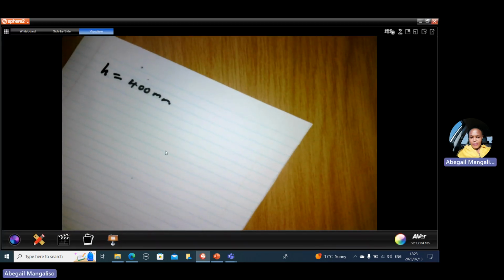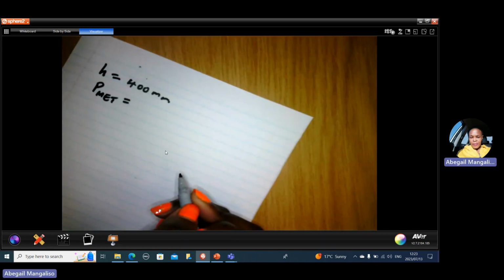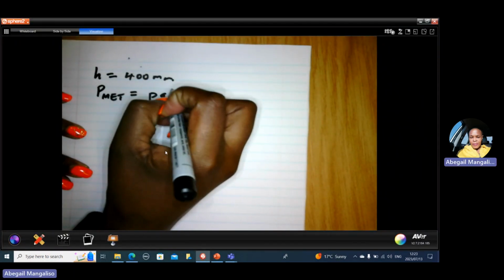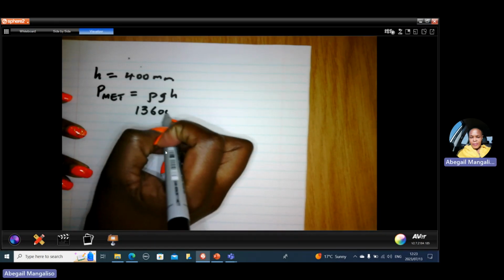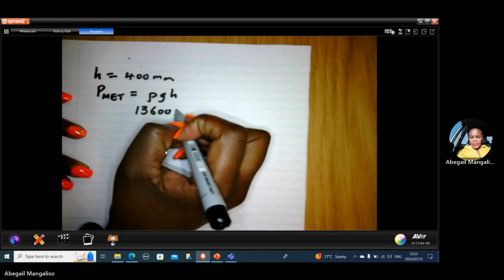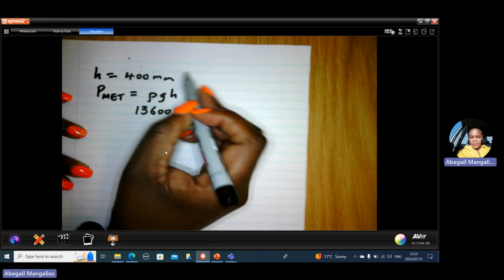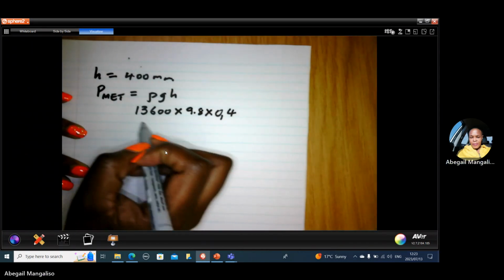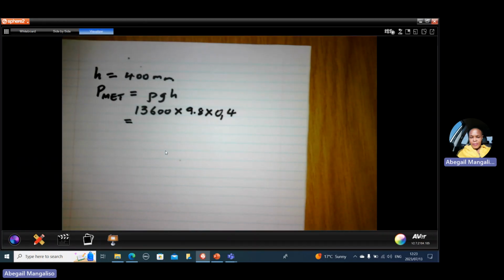The gauge pressure, which is P gauge, is given by the formula rho g h. Density of mercury is 13,600 multiplied by 9.8 multiplied by, if you change this to meters, it will be 0.4. Use the calculator to get the P gauge first.